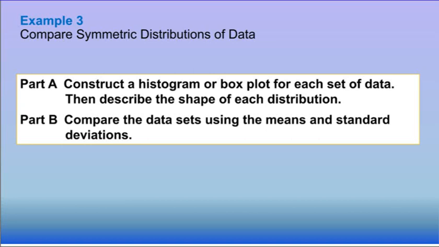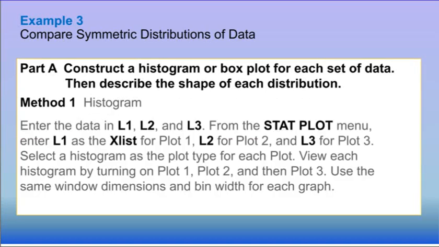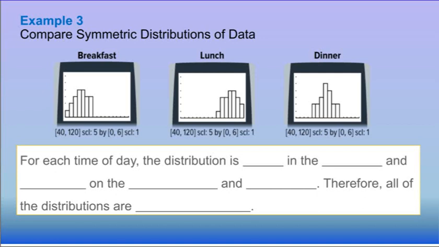So I have to do this, you could construct it by entering all the numbers into your calculator, but I have the graphs made for us. So here it says for each time of day, the distribution is, if you look at all three of them, the tallest bar is in the middle.